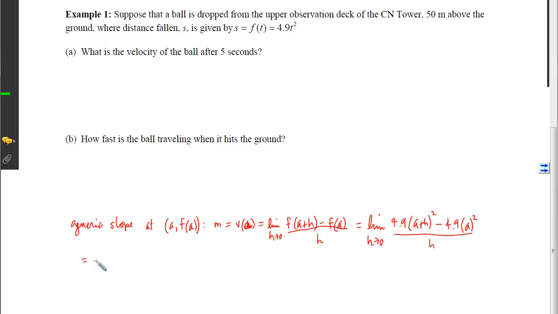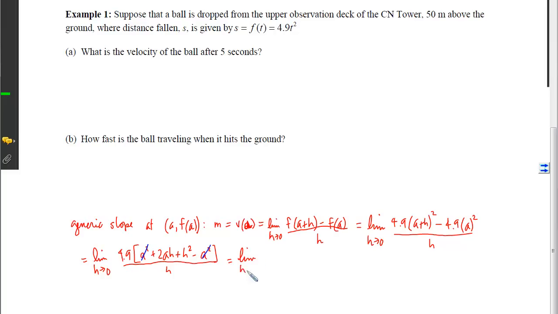So if I multiply that out, I notice that I have this 4.9 showing up in both of them. So I'm actually going to factor that 4.9 out so I don't have to deal with it. And I'll be left with a squared plus 2ah plus h squared. And then I have minus a squared. So there again, we're seeing that things that don't have h's in them are disappearing off of the top. So I can get rid of that a squared, and then I'm left with something that I can factor.